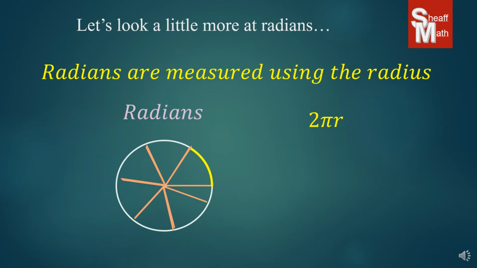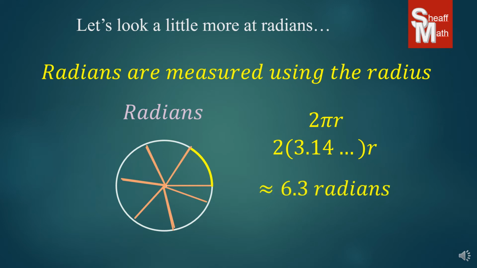Well, there's 2 pi, or 2 times 3.14, and so on. And how many actually is that? It's about 6.28 something, but I rounded it to just a little bit over 6 slices of radians there. And this is on every single circle.